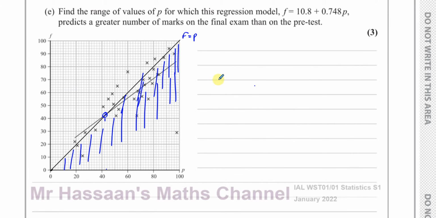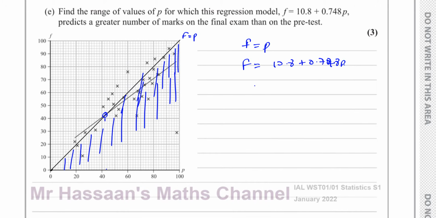So I'm going to do this in an algebraic way, because it is not very reliable to read these marks. It's not that accurate. So what I'll do is I'll say, okay, at that point where f equals p intersects this line. So where does the line f equals p intersect with f equals 10.8 plus 0.748p? Where do they intersect?